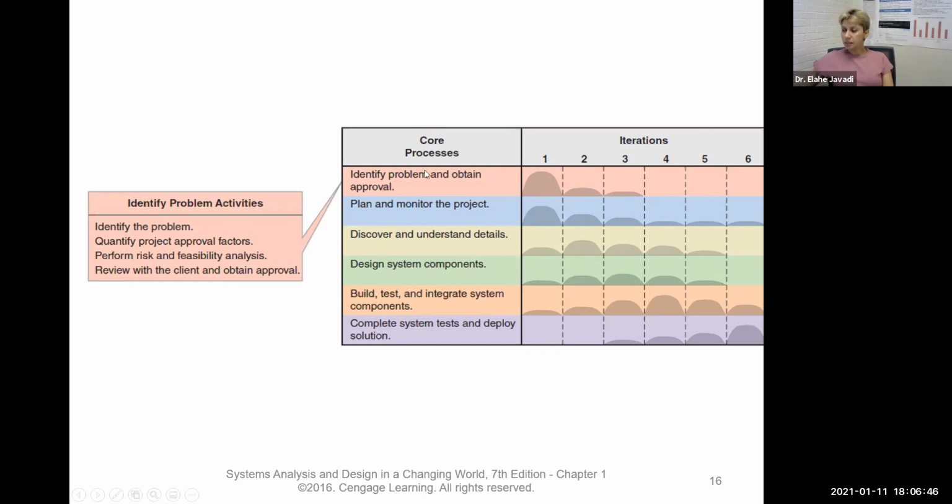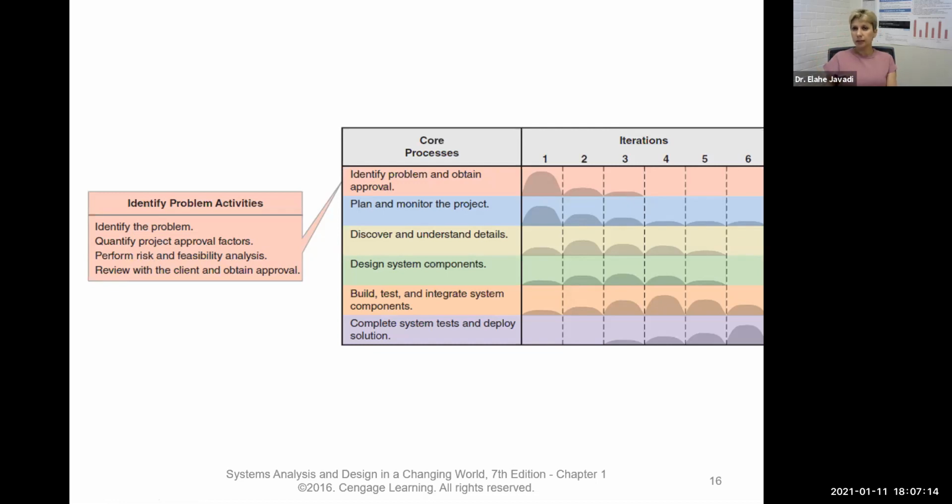So for the core processes of SDLC, we have identified problem and obtain approval as the first phase. In that, you're going to identify the problem you're trying to propose a solution for. You want to quantify project approval factors. There are numbers you have to put together. All these numbers, all these efforts will go into a document.